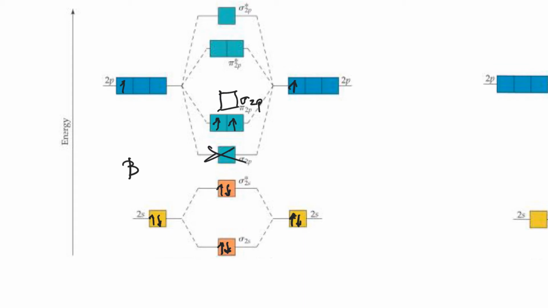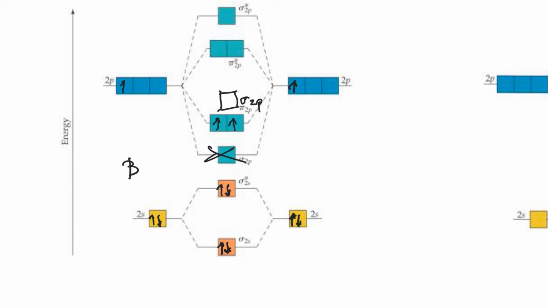So do I have unpaired electrons? I do, because for anything before group 6, the sigma 2p has higher energy than the pi 2p. So when I filled them in, I had to separate them, and now they're unpaired.